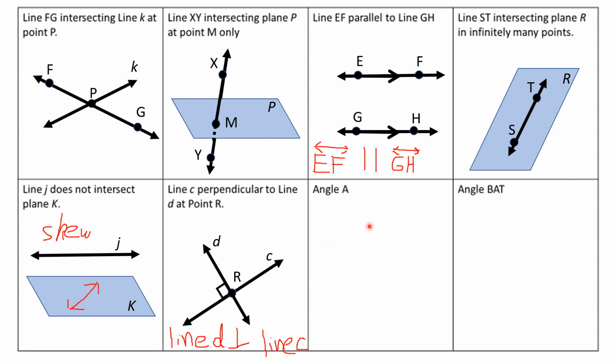Last thing we really quickly talked over, just as a quick reminder, was how to name angles. We always basically name our angles by 3 points, like BAT, but we could sometimes name an angle with just one letter, based on the assumption that there's no other angles made at this point.